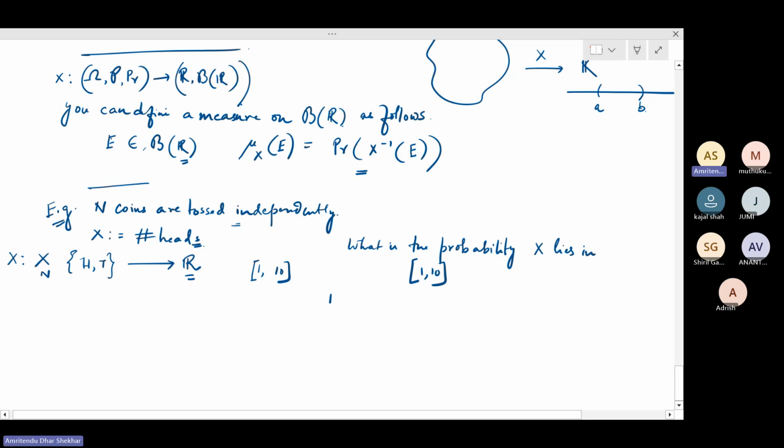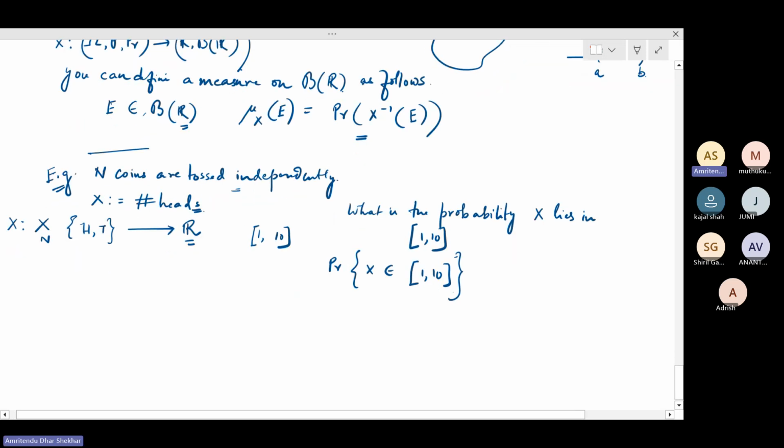Oftentimes we'll write it in this way, and there are a lot of alternate notations: probability of x belonging to 1 comma 10.